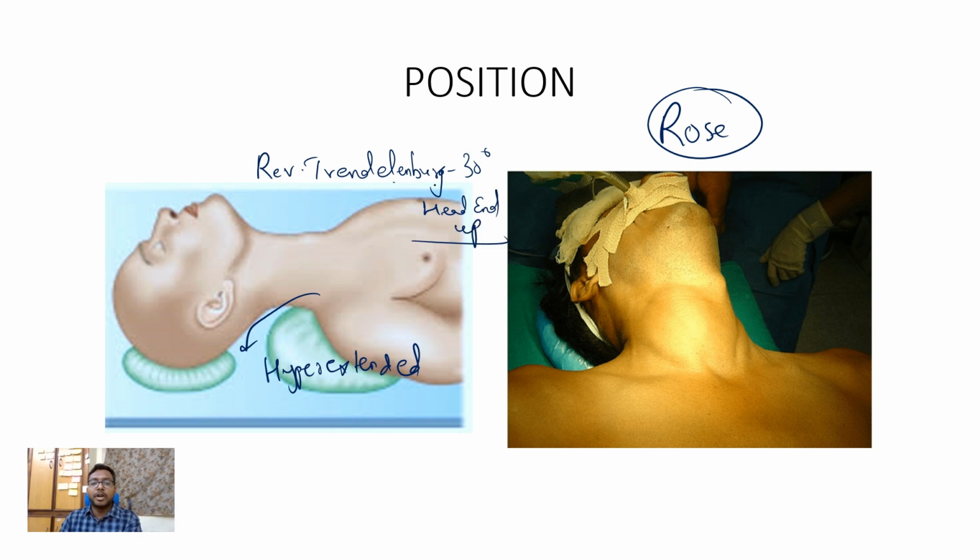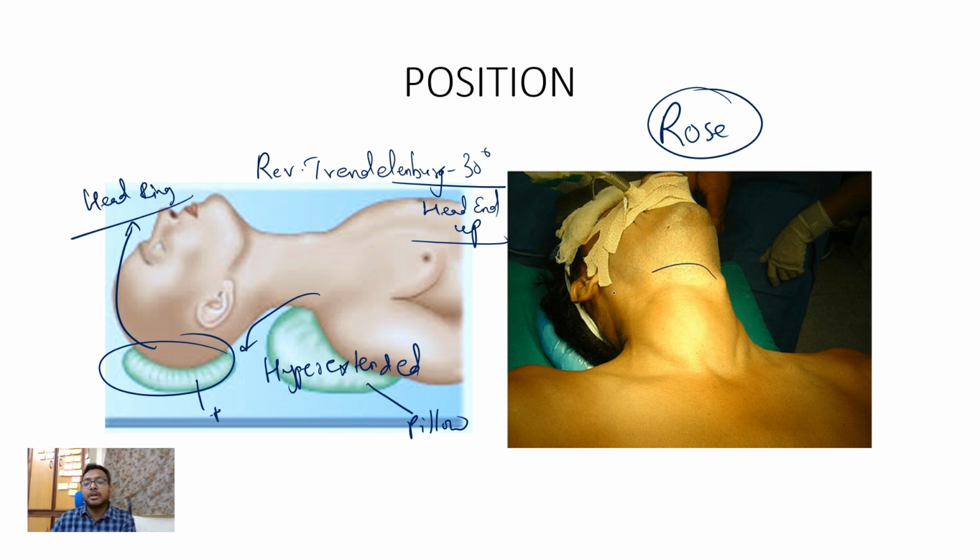Why? To reduce the venous congestion in the surgical field. And you will keep a soft pillow below the shoulders, as well as a head ring under the occiput, right? So this is the classical Rose position, which is also used in tonsillectomy.